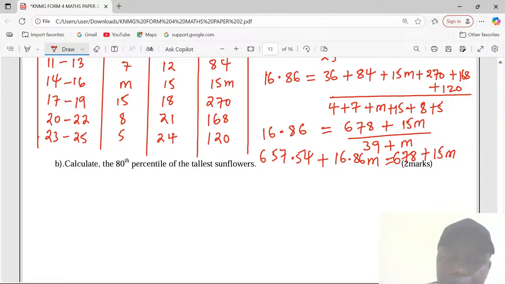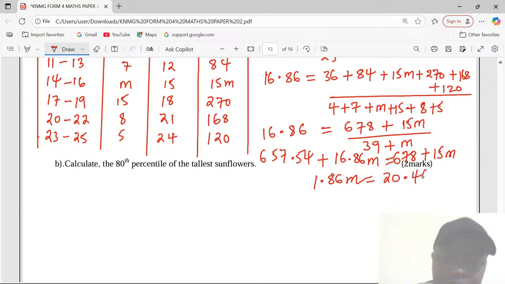We group like terms together: 16.86 minus 15 gives us 1.86m equals 678 minus 657.54. I'm getting 20.46.